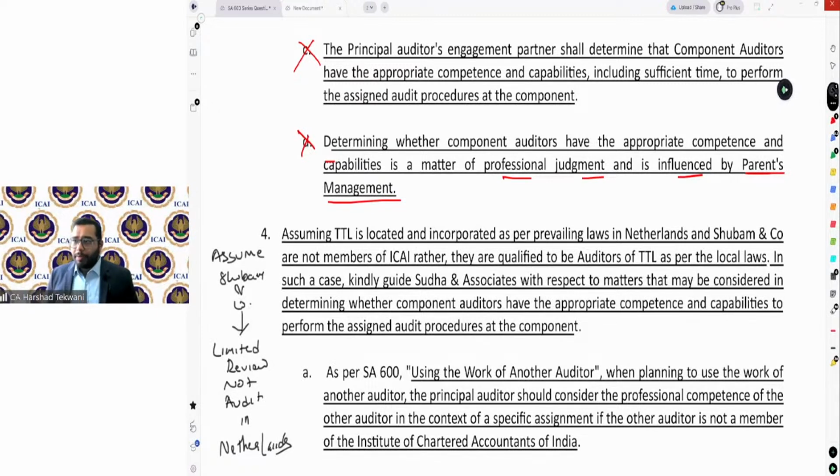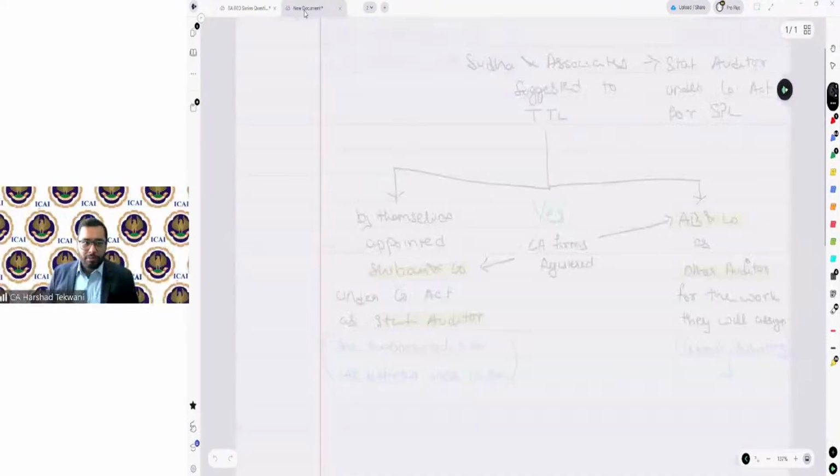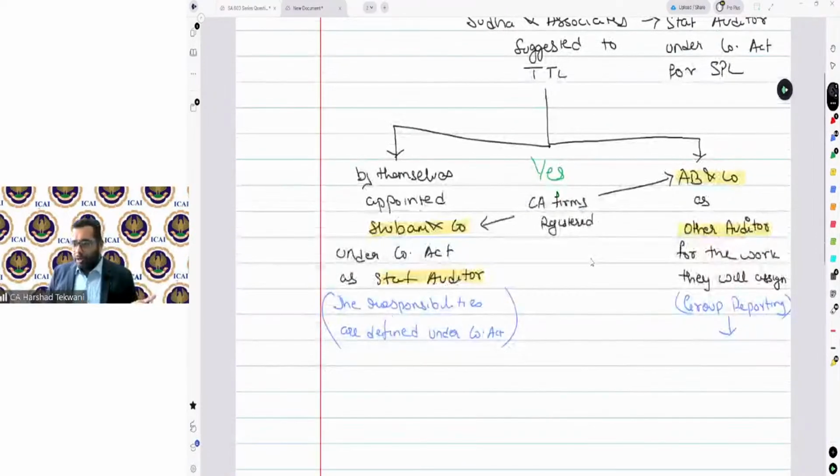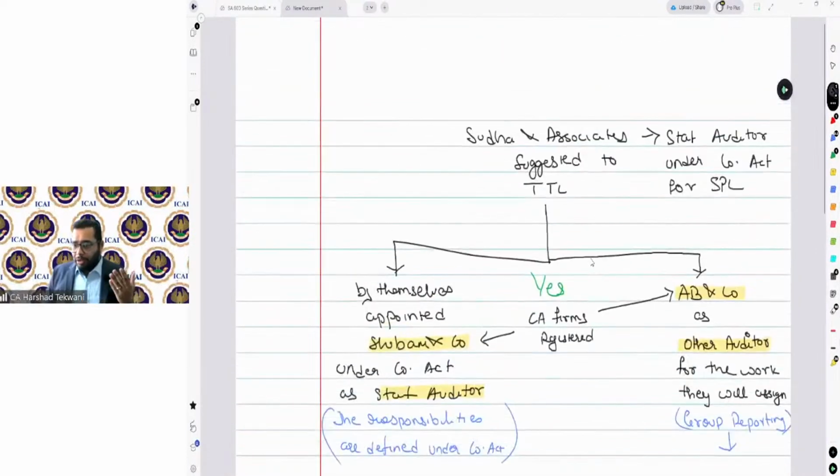Good, Namrata. See, reporting is there, but before reporting, you have this option that I was discussing, appointing a separate auditor. The purpose was to suggest that you can perform additional procedures yourself, or you can request management to appoint some other auditor.